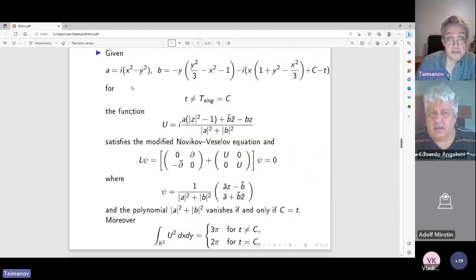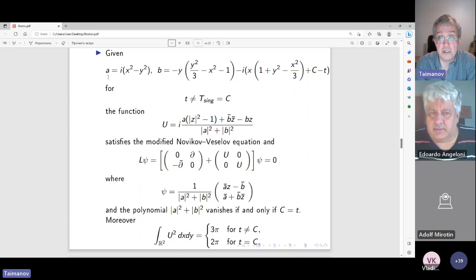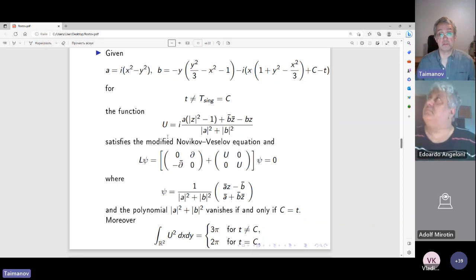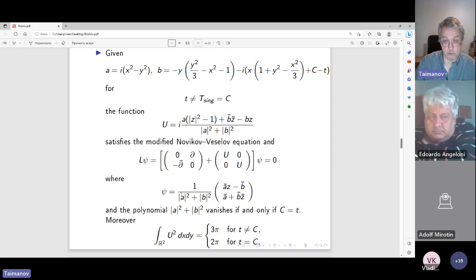Now I'm coming to the modified Novikov-Veselov equation. In this case, we take these functions a, b. Again, these are polynomials. And I introduce here the constant c, which comes to this data. And as soon as t doesn't equal c, this function, also rational, in z-bar, u satisfies the modified Novikov equation, and this function psi, which is equal to 1 over the modulus a squared plus b squared, and here this has to be a vector function: a-bar z minus b-bar, a-bar plus b-bar z-bar.